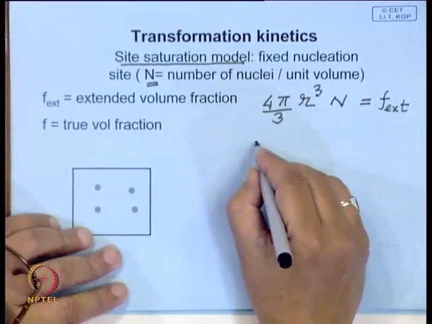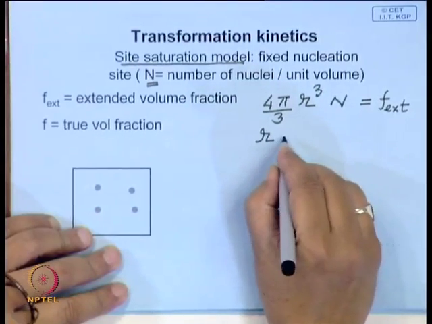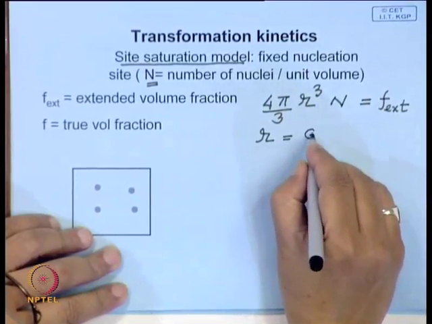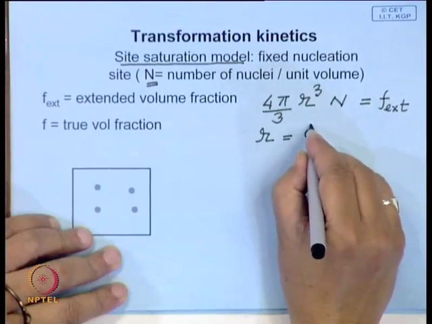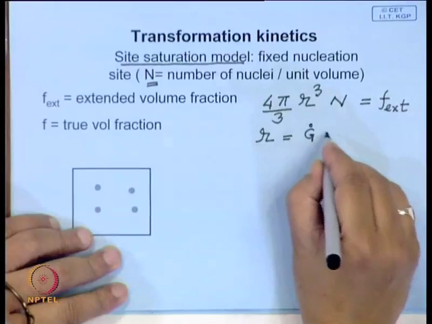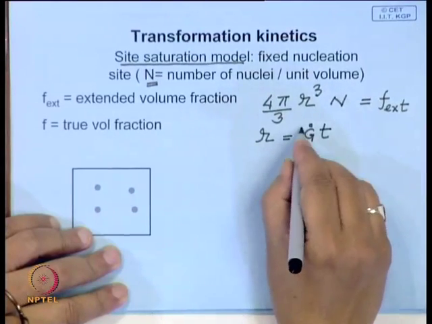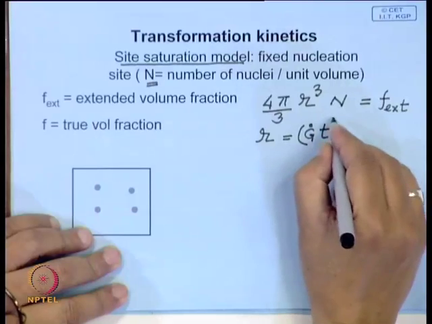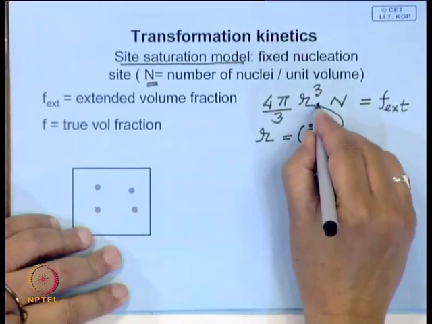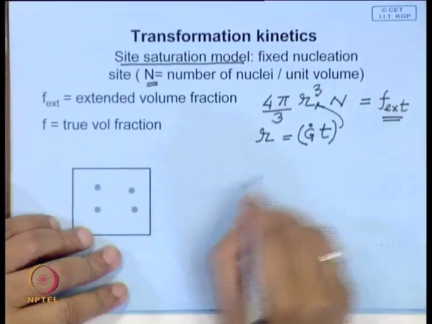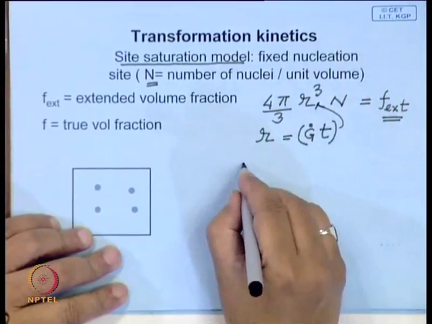And if we assume that the growth rate is constant, that means r increases linearly with time, and suppose G dot is the growth rate, then r equals G dot times time. If you substitute this here, you get an expression for the extended volume fraction.